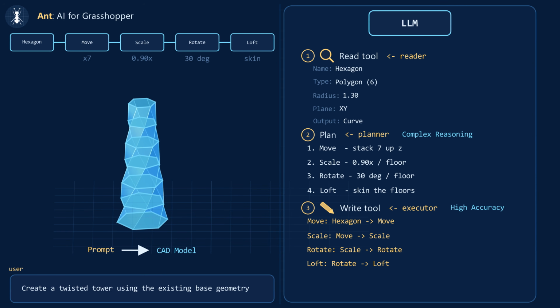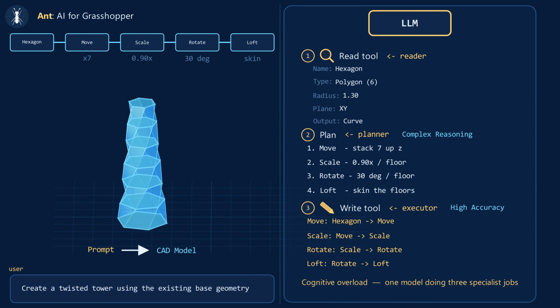If we use a single LLM to perform all these tasks, we run into the risk of cognitive overloading. This essentially means that LLMs perform well if they are assigned only one type of job. If we ask a single LLM to perform multiple specialist jobs, then it does not perform well on either.